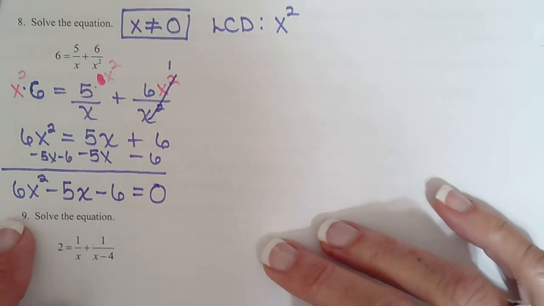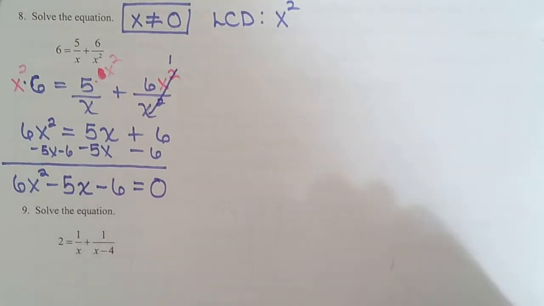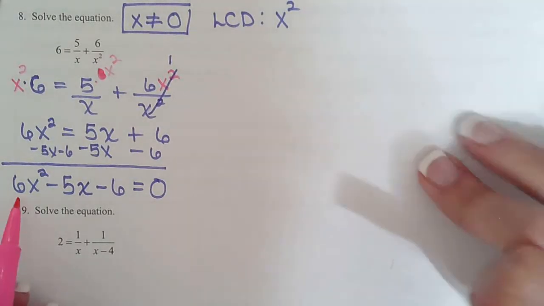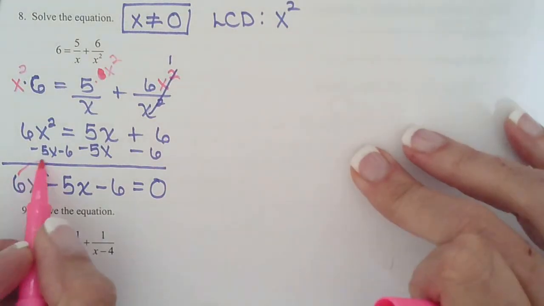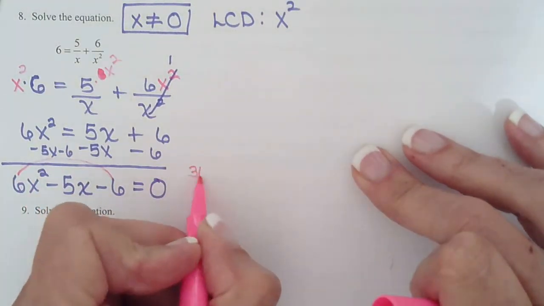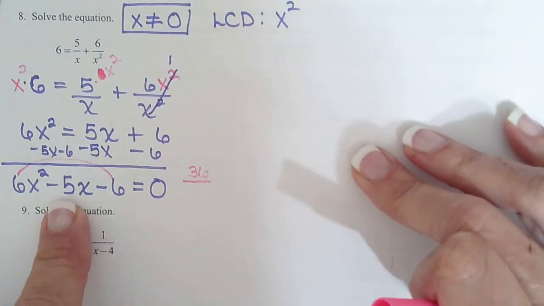So does everybody remember how to check to see if it's factorable? What kind of factoring is this? AC, right? Because the leading coefficient's not 1. So we want to know, are there factors of 36 that subtract to 5?